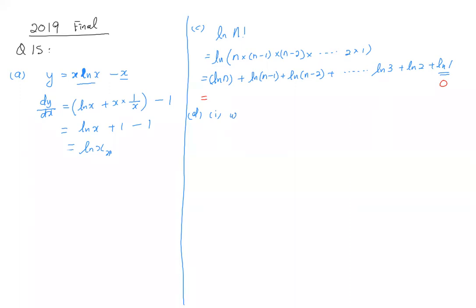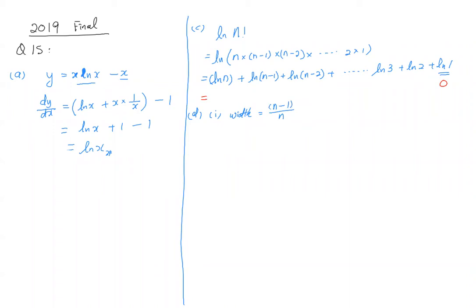So the width will be, what is the width? How to get the width? n minus 1 divided by n, right? Because n rectangles of equal width.